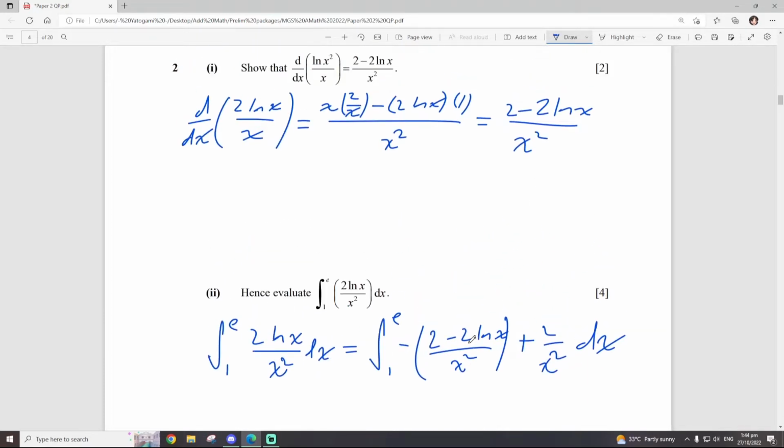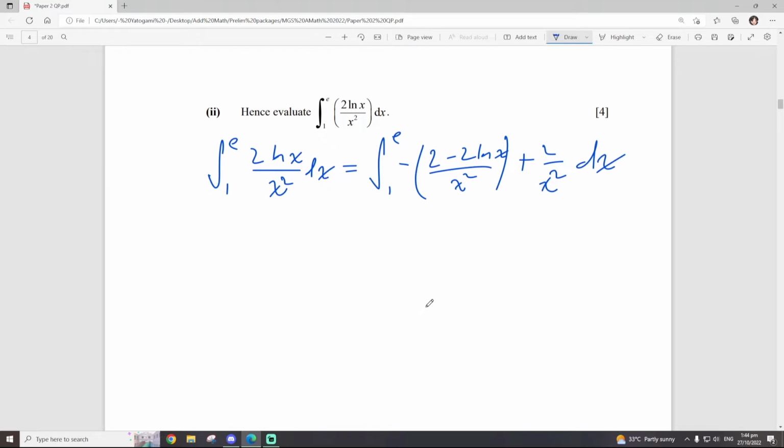We know that integrating this will give us ln x squared over x. So what do I get when I integrate 2 over x squared? I will get -2 over x, right? So I can factor out the negative, and I will get ln x squared over x plus 2 over x, and this goes from 1 to e.